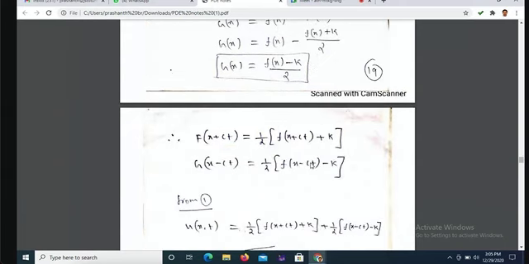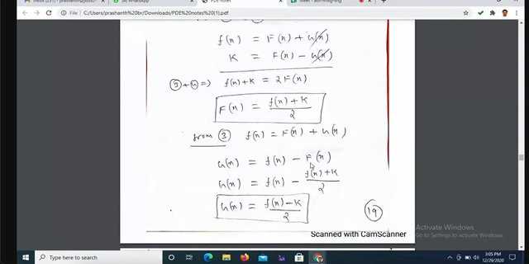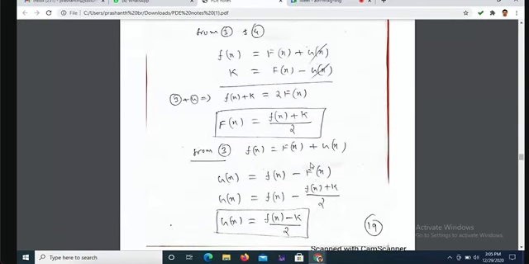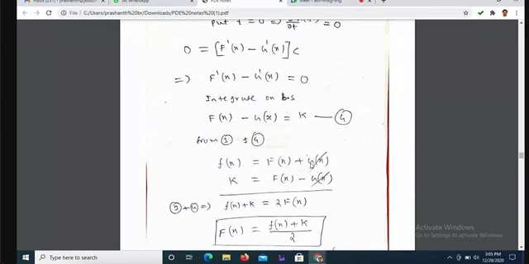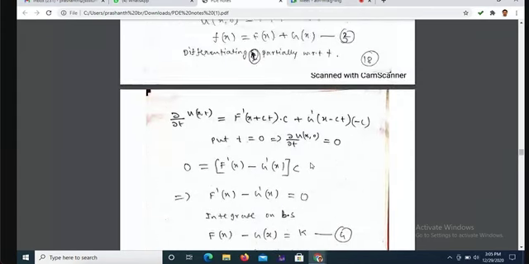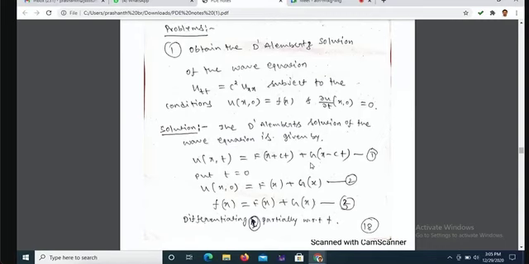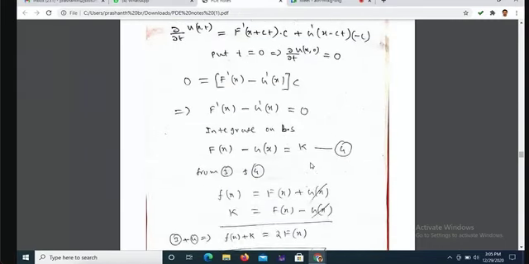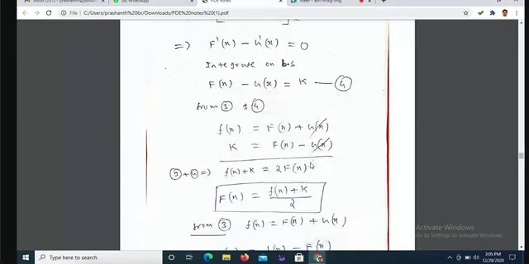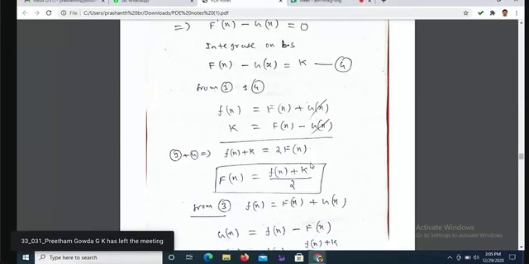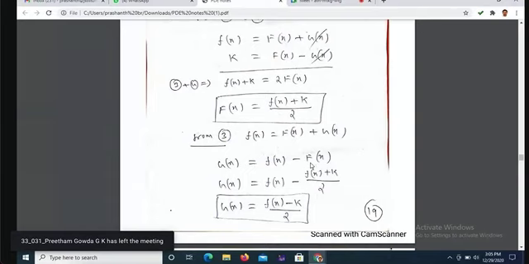Now substitute it where? F of x plus ct. We have F of x is f of x plus k, and G of x is f of x minus k by 2.